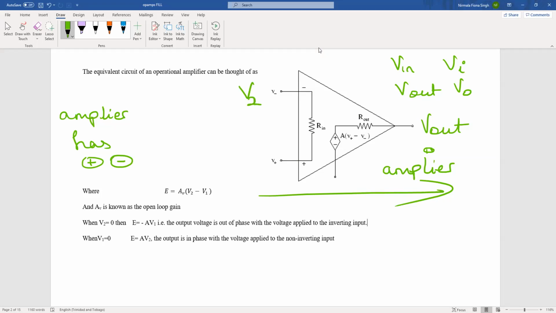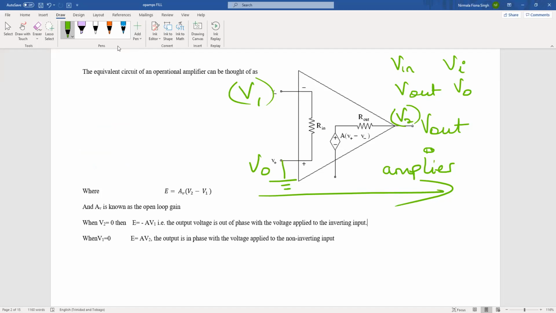So our proper labels will be V1, V0, because this is usually grounded, and this is your V2. And here, the equivalent circuit of an operational amplifier can be thought of as E, which is your EMF.